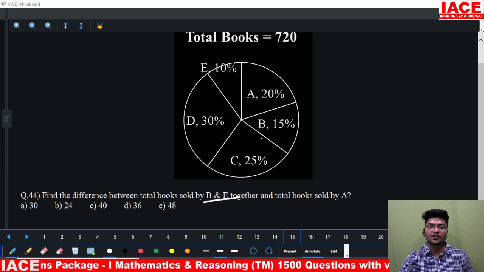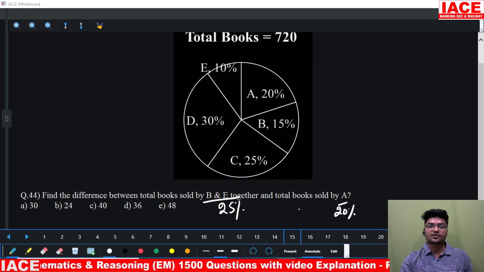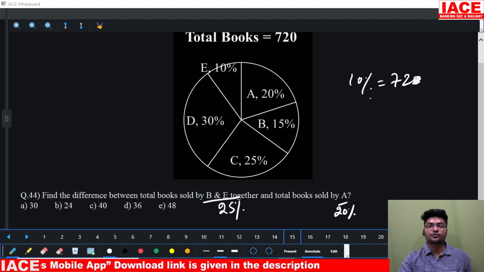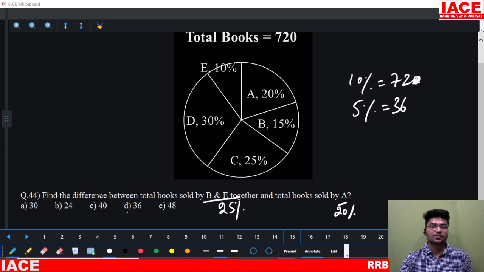B and E is 25 percent. How much is A? 20 percent. So the difference is how much? 5 percent. 10 percent will be how much? 720. 10 percent will be 72. 5 percent will be how much? 36. So the difference in the number of books sold will be 36.